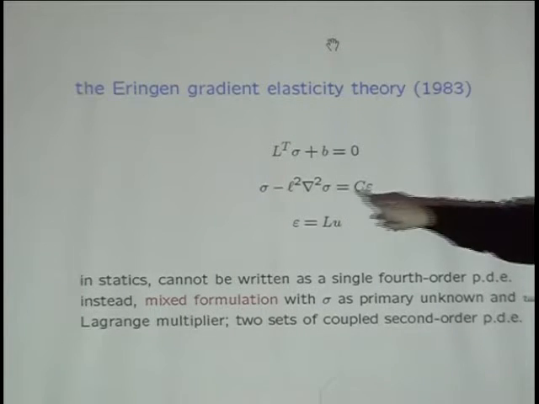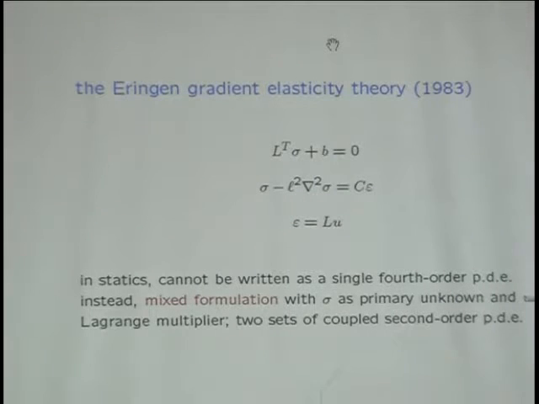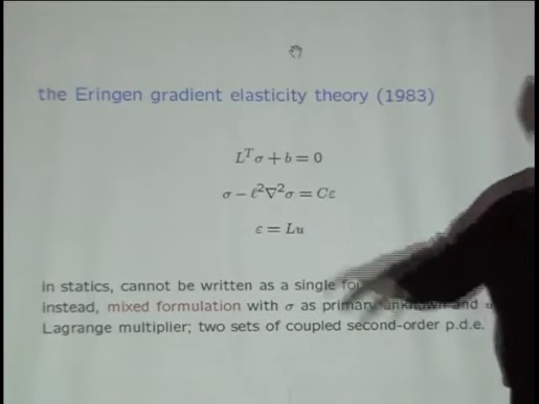So, we put the gradient enrichment on the left-hand side in terms of stresses. The rest is the same, but it's now not possible to go to an irreducible form. So, I cannot write a single fourth-order equation in terms of displacements only. That's not possible, because the gradients are on the wrong side.